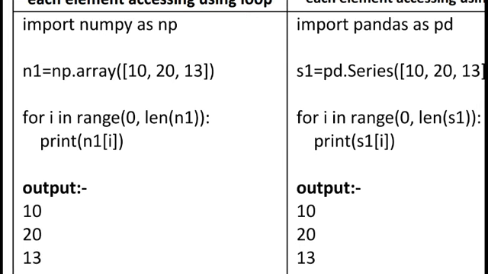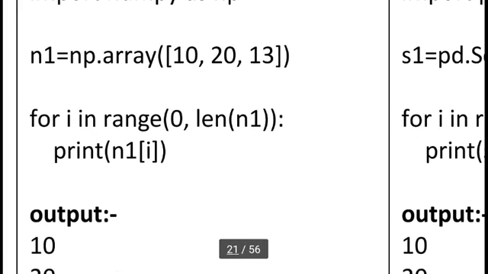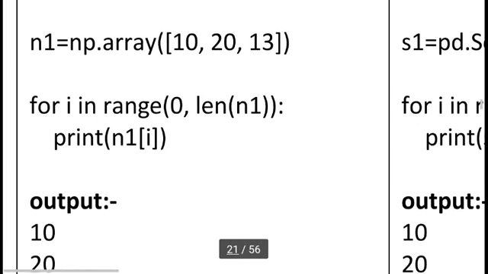But if you want to access each and every value using a loop, for this purpose we can use a for loop. Here I am using i as a variable in range. Range means start with 0; by default the first index is 0, comma len(n1). len returns the total number of elements, so it starts from 0 up to the total number of elements.